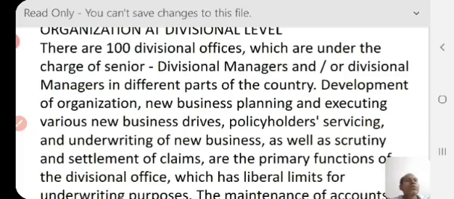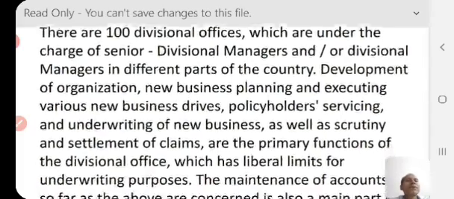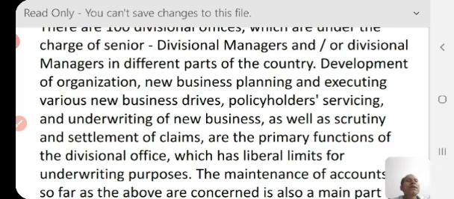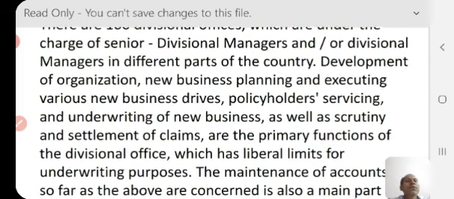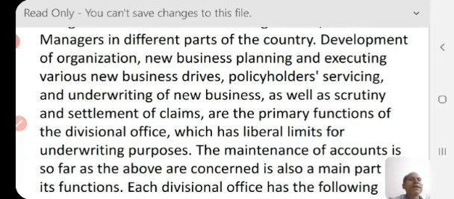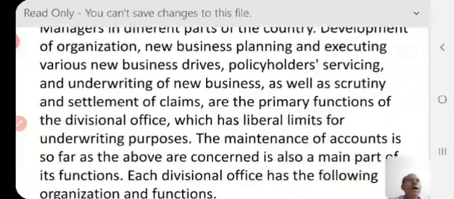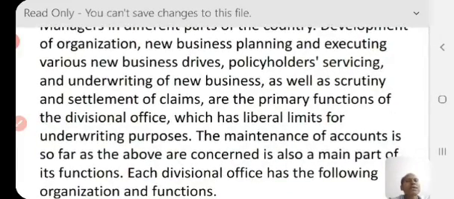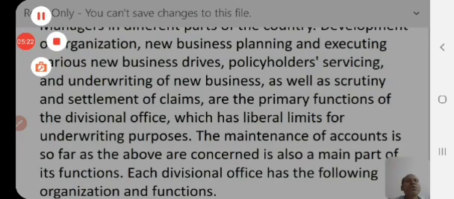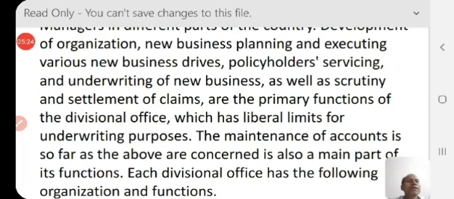So, new business planning, development of the organization, execution of the new business drives, policyholder servicing, underwriting the new business, and settlement of claims are the primary functions of the divisional offices, which has liberal limits for underwriting purposes.